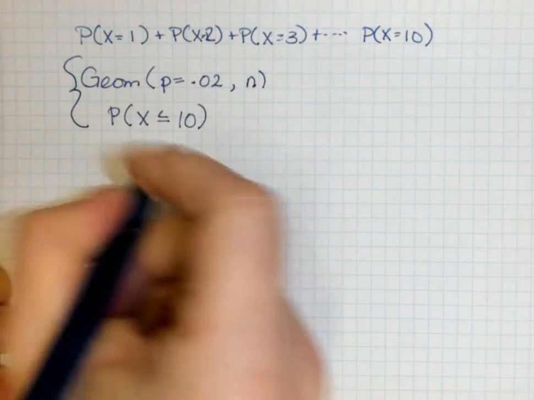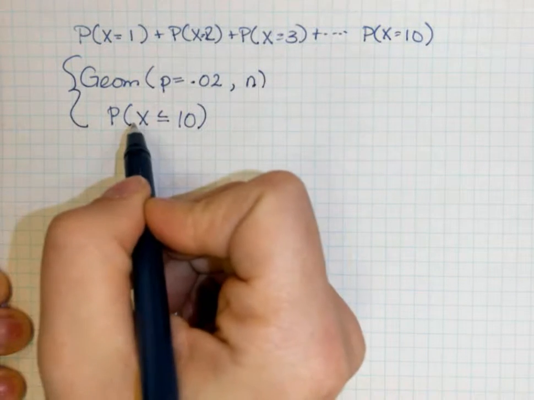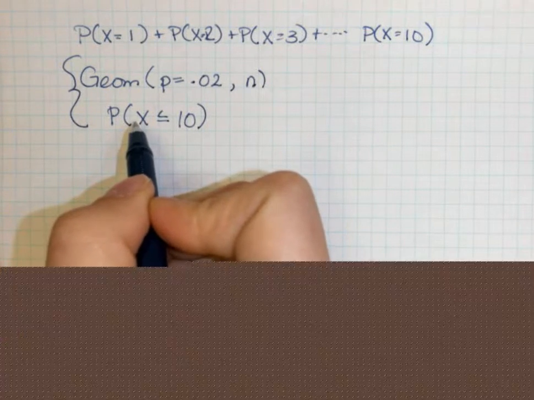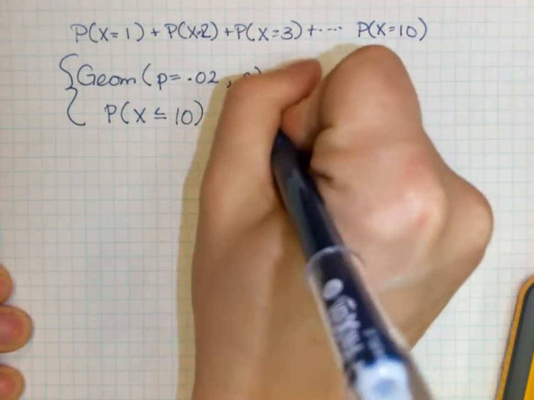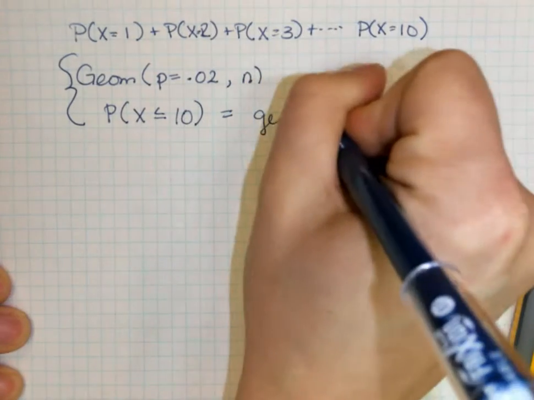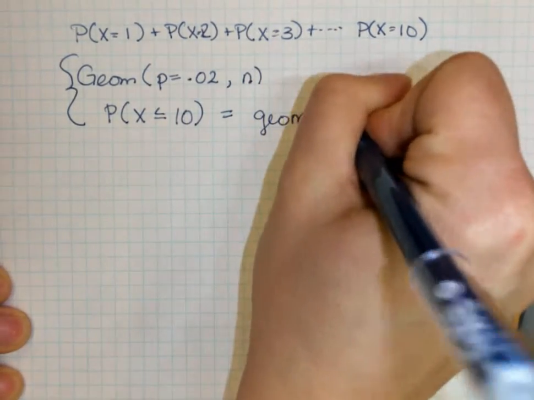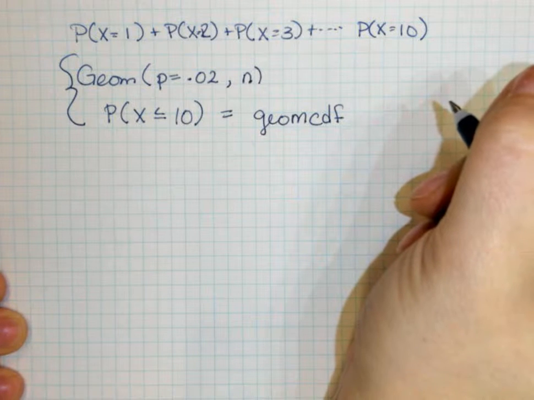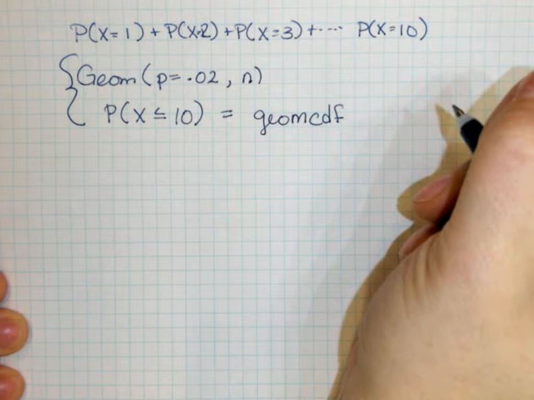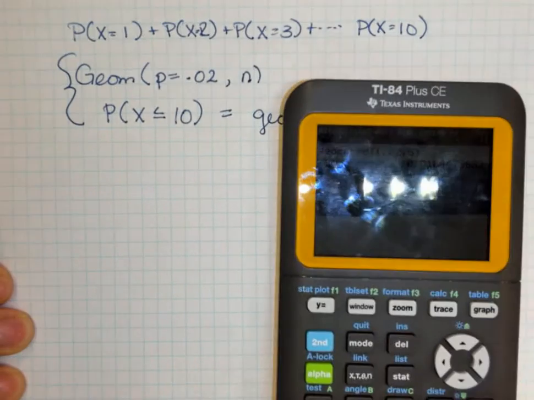If you show me this, that's enough work to then go to your calculator. I'm just going to write this down and do geometric CDF. And this chapter, guys, this one unit is the one place where showing me your calc speak is good enough. So I'm going to go to geometric CDF.